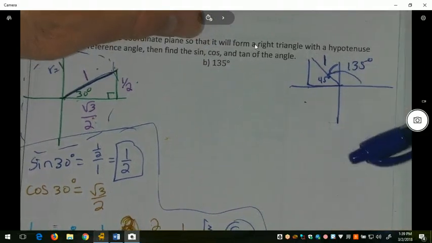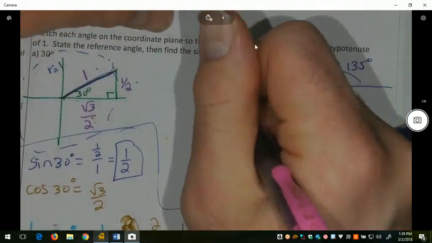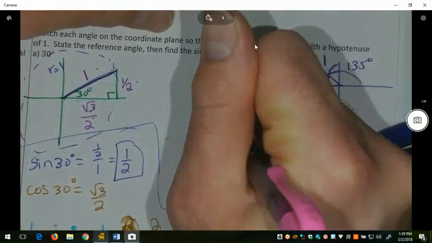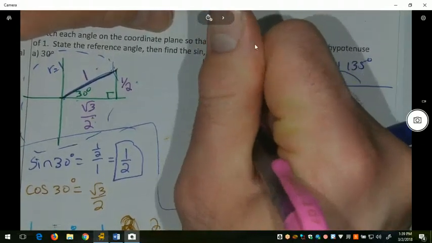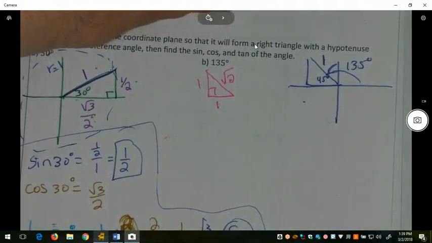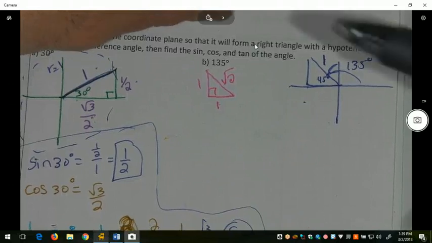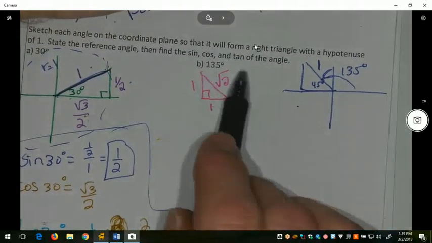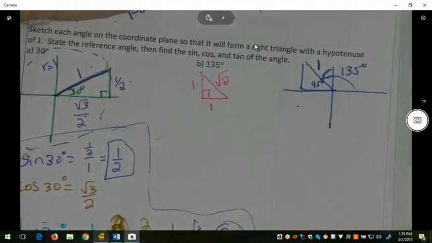Well, if you remember our special right triangle, the 45, 45, 90 was 1, 1, square root of 2. So that's a little different because square root of 2 is bigger than 1. So basically they divided all these sides by square root of 2 to get this.